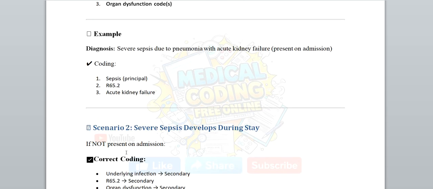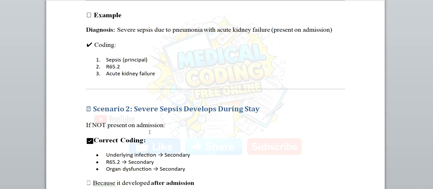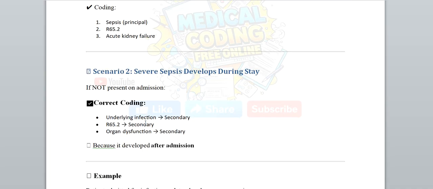So, scenario: if sepsis develops during the stay, so not present on admission, the underlying infection is secondary, R65.2 is secondary, and the organ dysfunction is secondary. If present before admission, you code sepsis as primary.